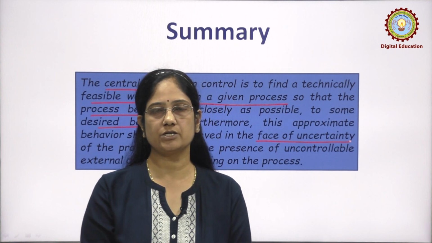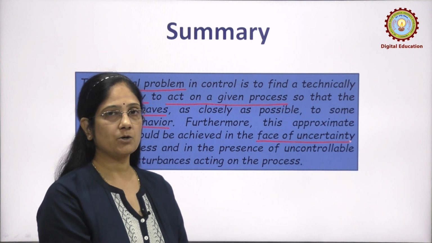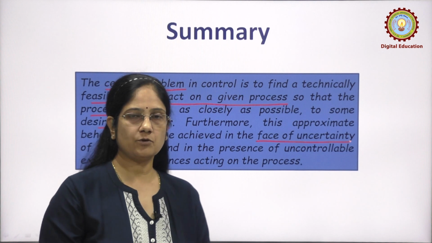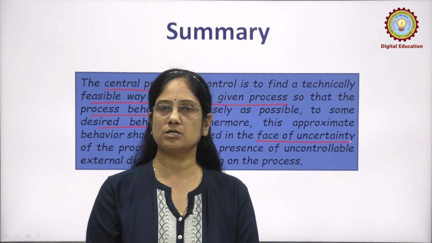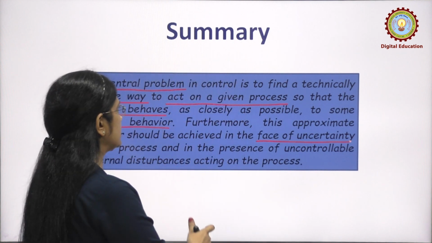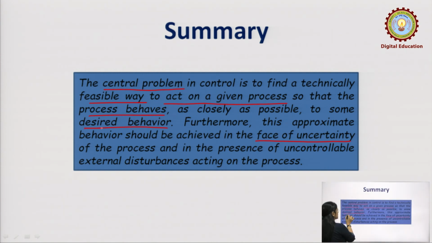Either you get 100 rpm or 150 rpm or 200 rpm speed. It is not possible to achieve something in between the two speeds. Of course, the speed is being controlled and the airflow is being controlled, but the difficulty lies in making the given process behave as closely as the desired. The desired is now, for example, 130 rpm.